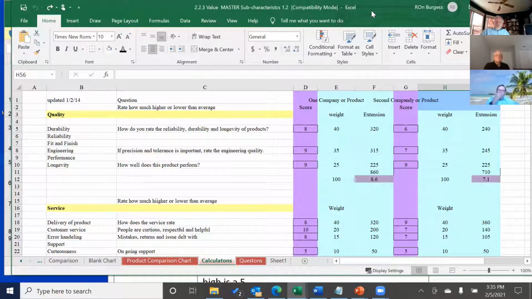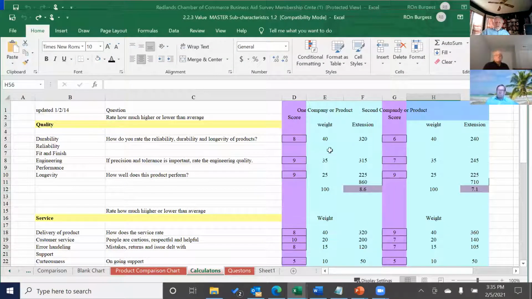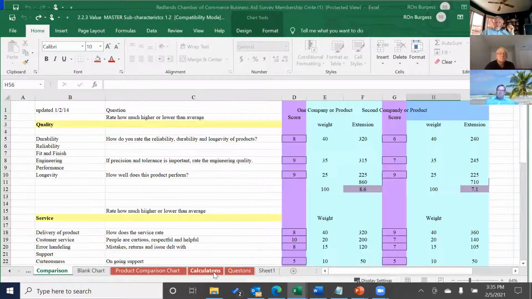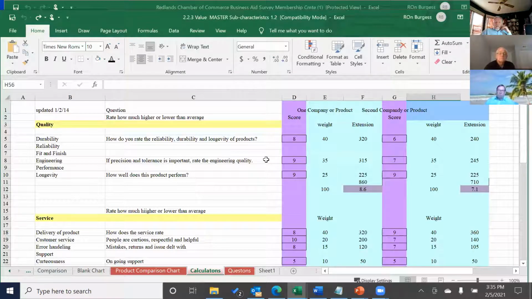Okay, so what this spreadsheet does is it drives what I just had up on the screen, and it allows you to break your quality, for instance, into subcategories. Some of the observations I've had over the years are, well, how do we know what quality is?